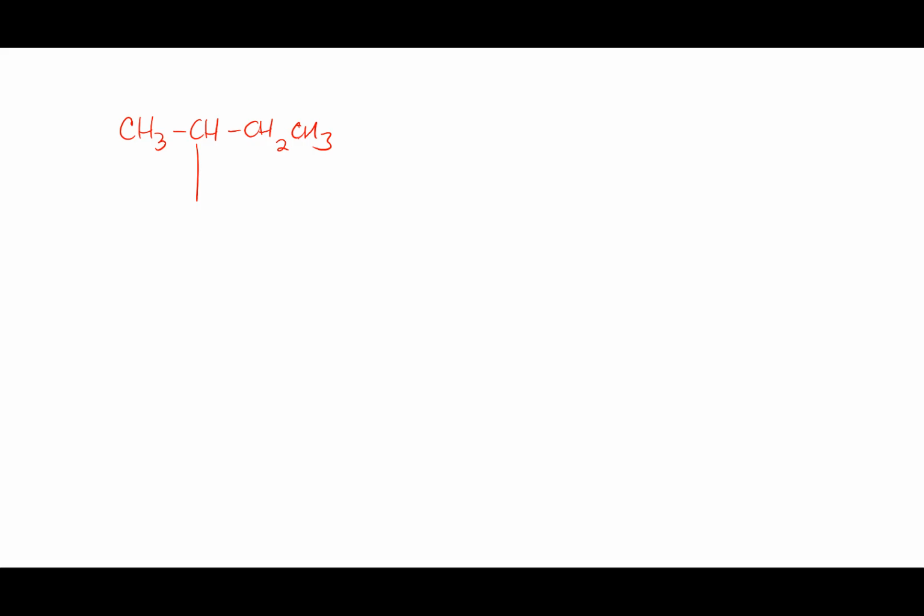I can't remember if the book had the N in front of it, like N-butyl. So N would stand for normal. So if you had a propyl group that looked like this, you could either call it N-propyl or you could just call it propyl. The N's fallen out of fashion like 10 years ago.